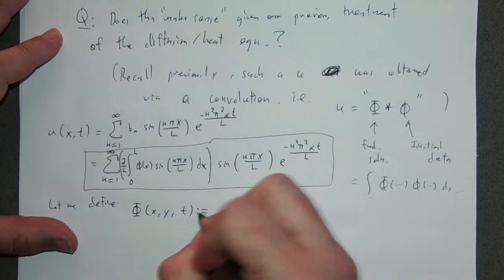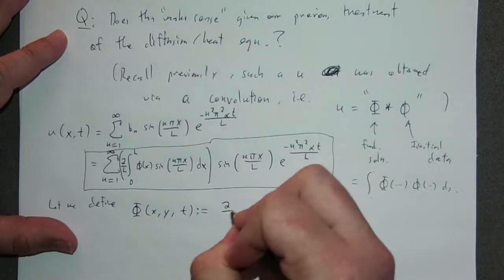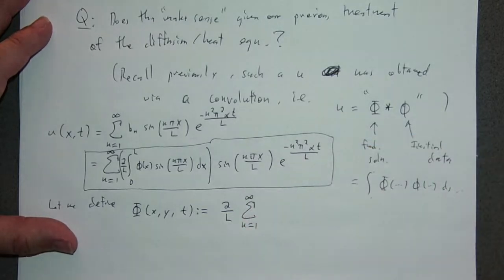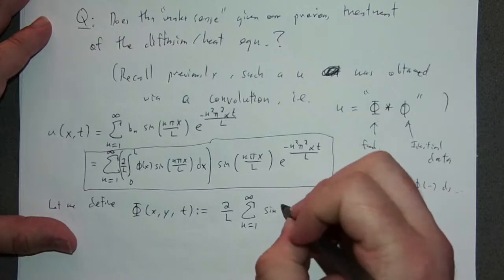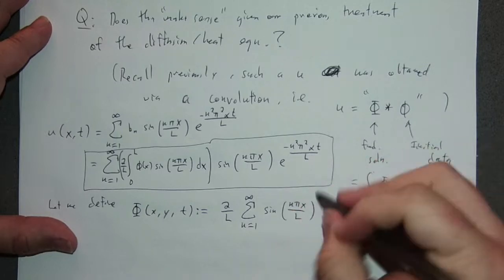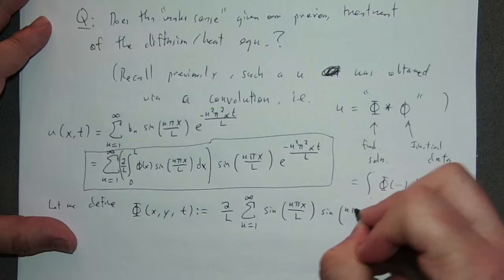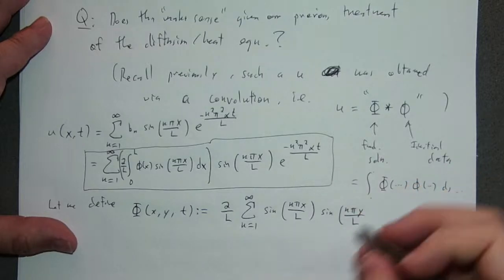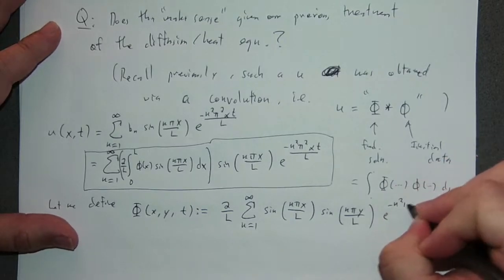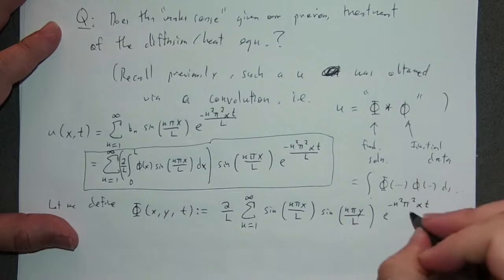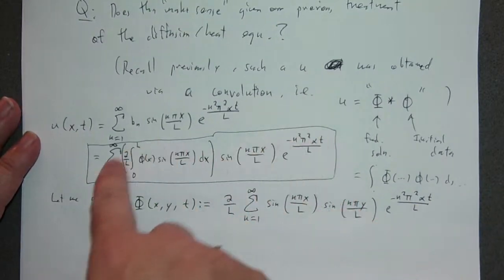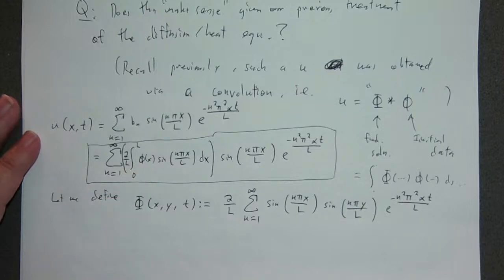Let's define it to be 2 over L times the sum from n equals 1 to infinity of sine of n pi x over L, sine of n pi y over L, times e to the minus n squared pi squared alpha t over L. So basically this phi is defined so that it's everything in this expression except the integral and phi.